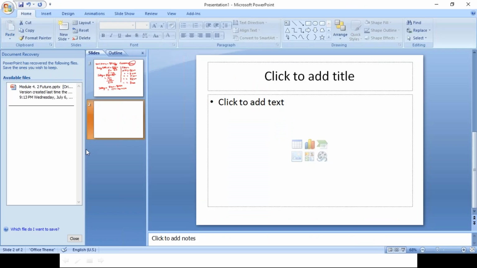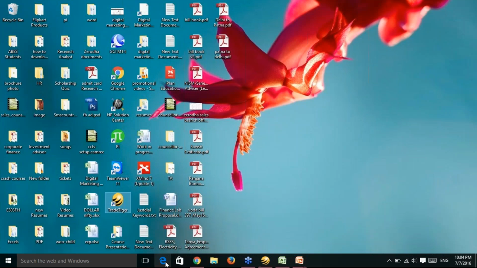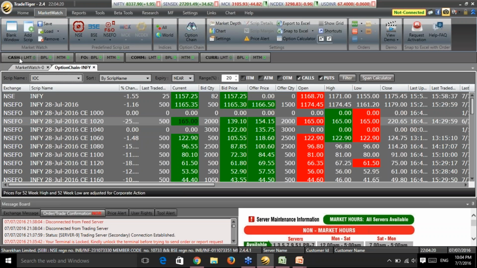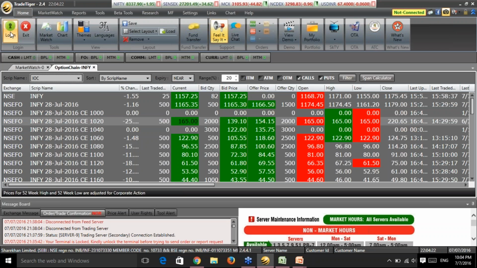Now let's take another example. Let's take a live example from currency derivatives. So let me log in to my trading account. Logging in.